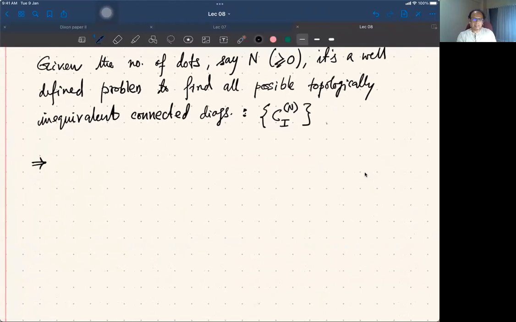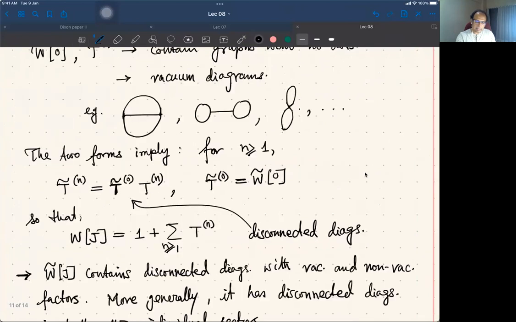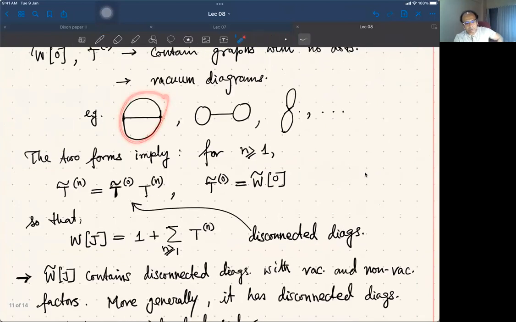Then let us consider W tilde 0, that is n equal to 0 for vacuum diagrams. It has an infinite number of terms, but any term will be given by, for example, this term, which is in W tilde 0. This is one term.